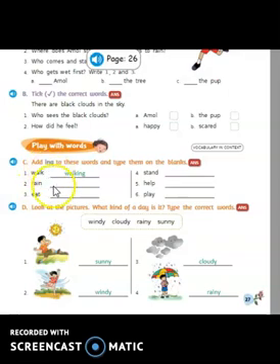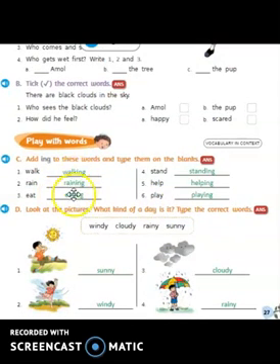You add ing and you make it raining. Eat, ing, eating. Stand with ing becomes standing. Help with ing, helping. Play with ing becomes playing. Here, adding ing shows that the action is happening right now.